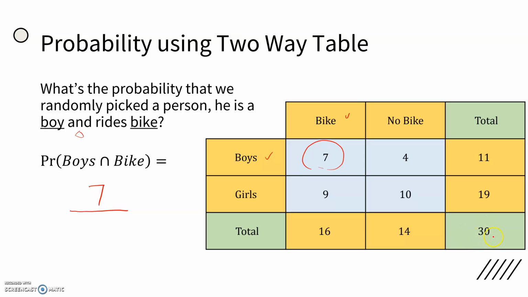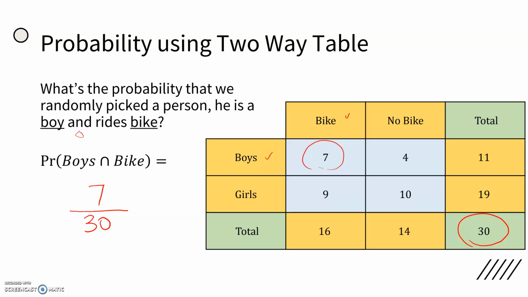Now the total, unfortunately, we have to use the absolute total because there are 30 people in our sample. So we just say that is 7 over 30. And you can use the calculator to figure out the decimal, around 23.3%. But it's fine to just keep it as a fraction. So 7 over 30 looks perfectly fine. Okay, so that is the probability of boys riding a bike.